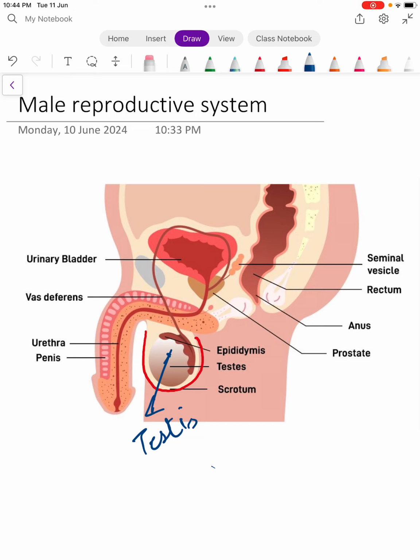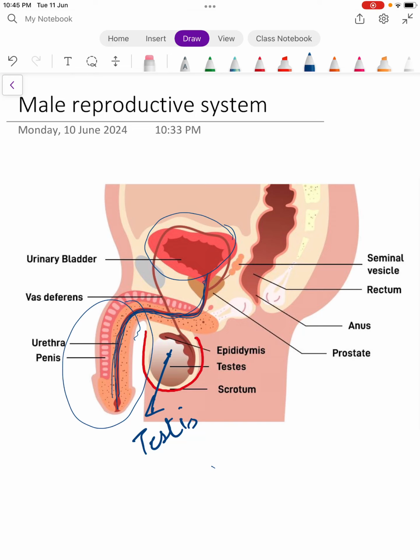Secondly, there is male genitalia, which is known as penis. It consists of, you can see this duct, a small tube-like structure which comes from the urinary bladder and passes through the penis.